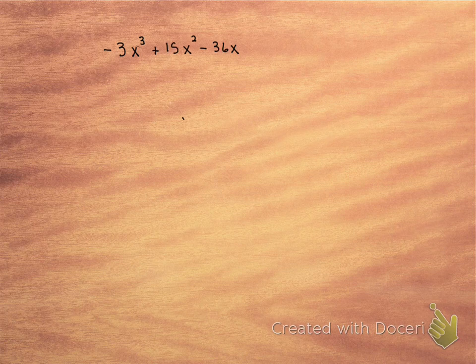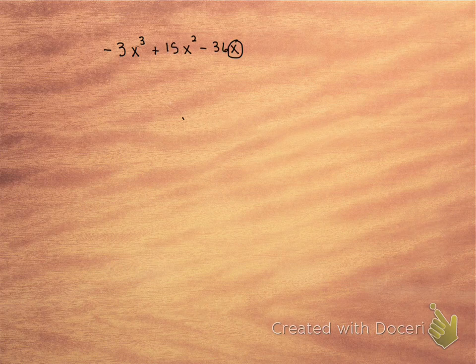Okay, first of all, 3 goes into all of these numbers. Therefore, negative 3 will go into all of these numbers as well. And we've got a single x. You can't take out more x's than the lowest number of x's you've got.